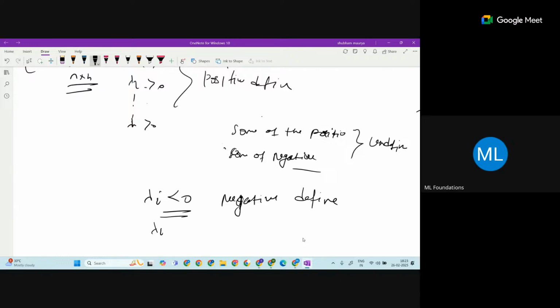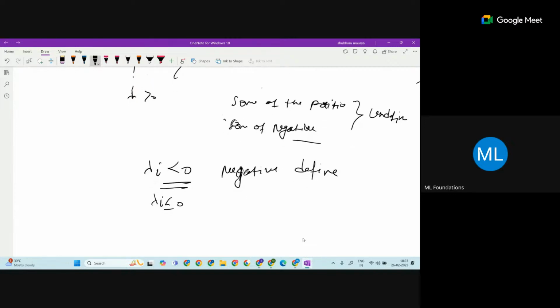If some of them are equal to 0 also, negative and 0, then it is negative semi-definite. So there are separate cases.